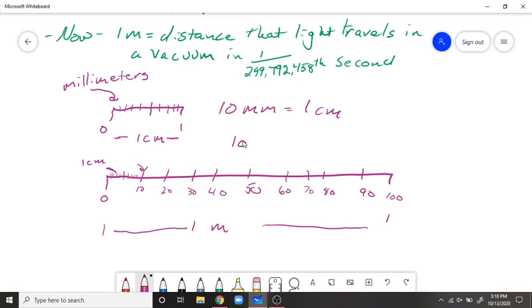So 100 centimeters is equal to 1 meter. We can then say 1,000 millimeters is equal to 1 meter. And 1 kilometer is equal to 1,000 meters.